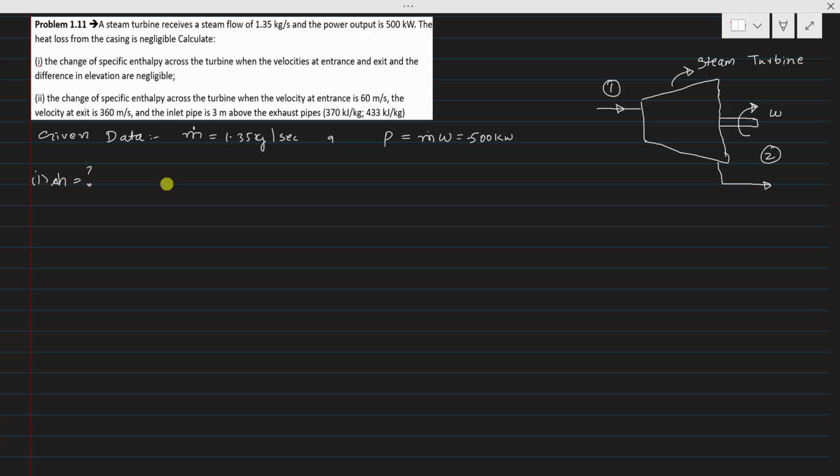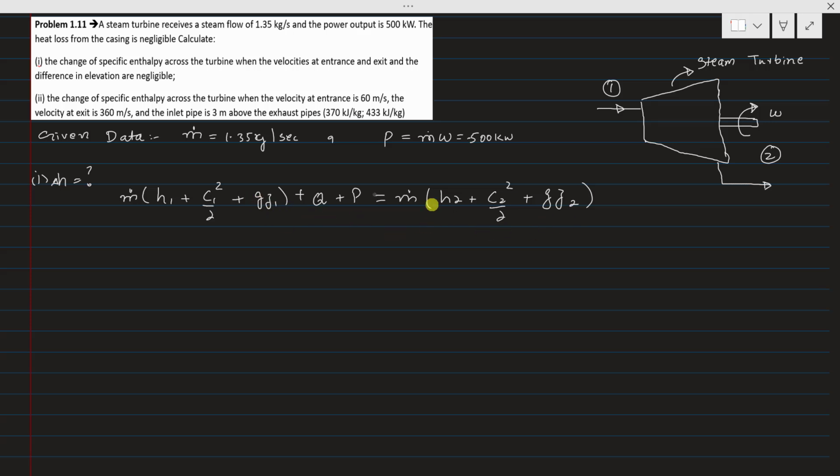From the steady flow energy equation, C1 square divided by 2 means velocity at the inlet, C2 at the exit, and these are the elevations at inlet and outlet.